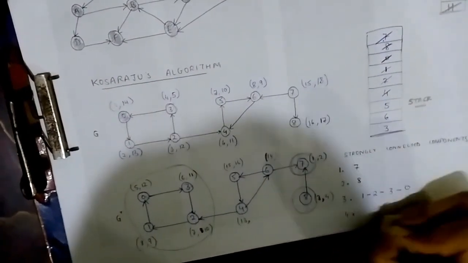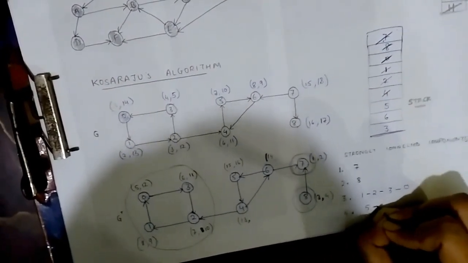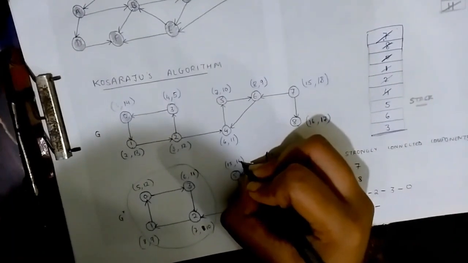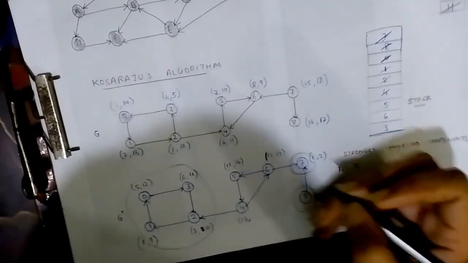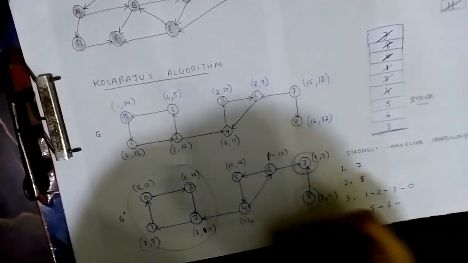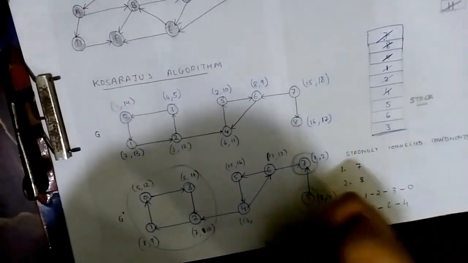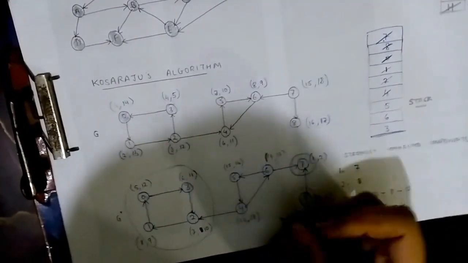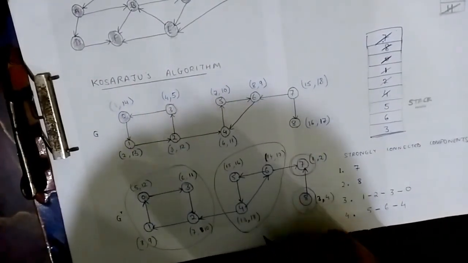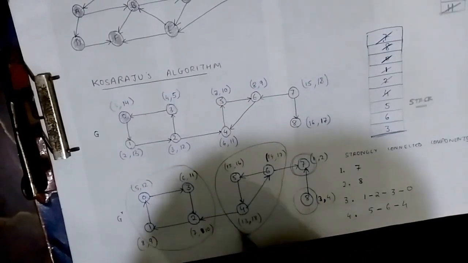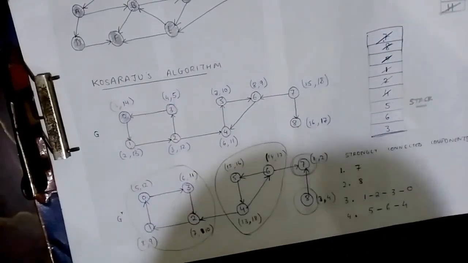So we'll end it, and the fourth strongly connected component would include 5, then back to 6 and back to 4. We get another strongly connected component. 4 does not have any other unvisited vertices left to be visited.